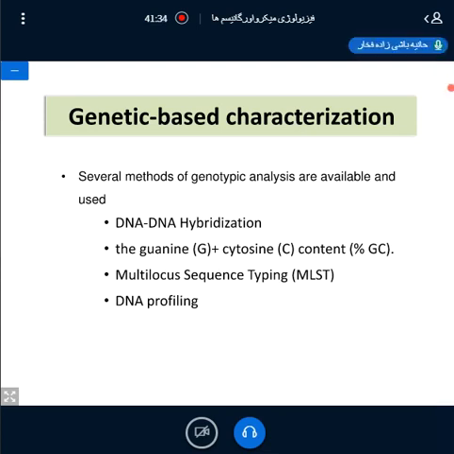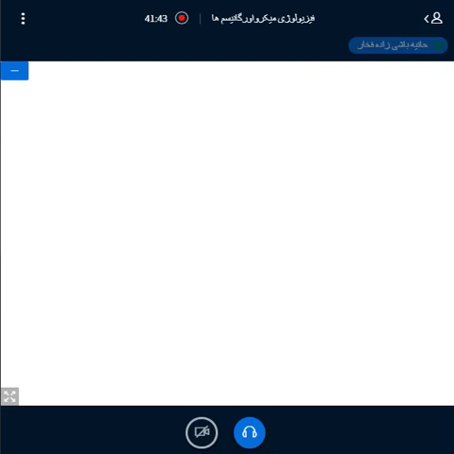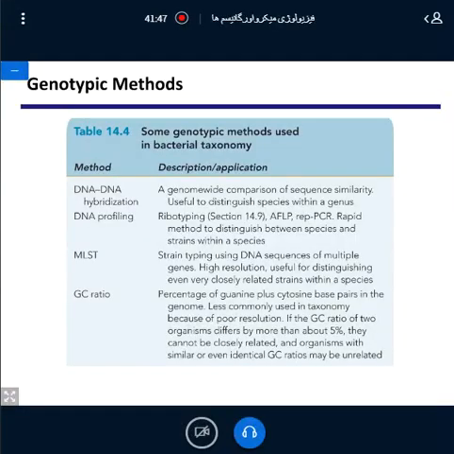Yes, page 53. And this is important. What does DNA hybridization mean? It means a genome-wide comparison of sequence similarity, useful to distinguish species within a genus.